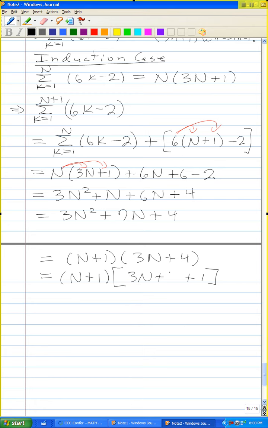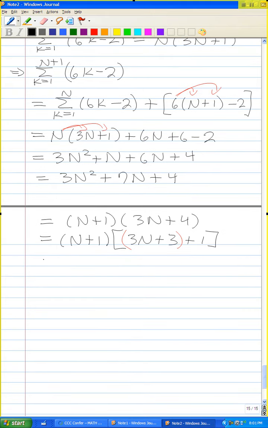So I can write 4 as 3 plus 1. And then I can group the 3n plus 3 together, and I can factor out the 3. So I get 3 times n plus 1, plus 1. So therefore, I've actually shown that the induction case holds.